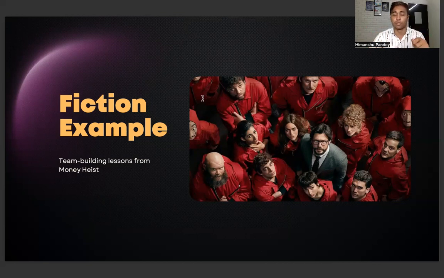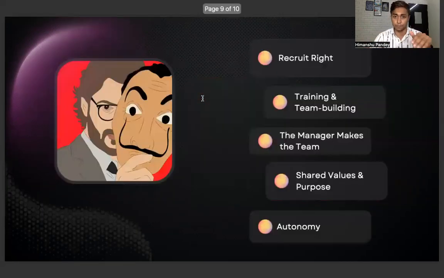There was a professor who was planning a gold robbery, a money robbery. So he was making a team. He was the perfect guy who managed that and created a team. Let's try to understand the lessons from Money Heist.